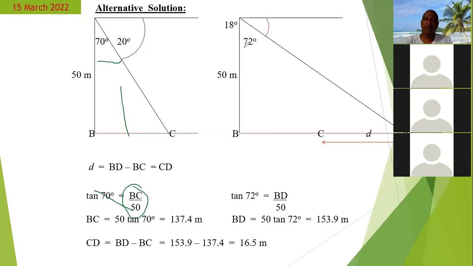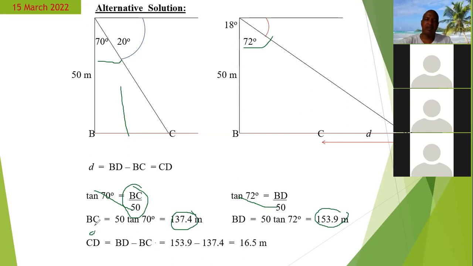For this one, we have 72 here. So tan of 72 equal to BD over 50. We carry up this and multiply the tan 72, we get BD. BD equal to 153.9. So it's the same values that we're working with. Substitute it in the same formula.